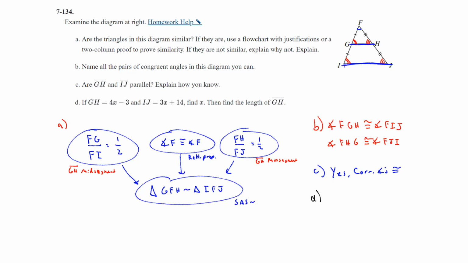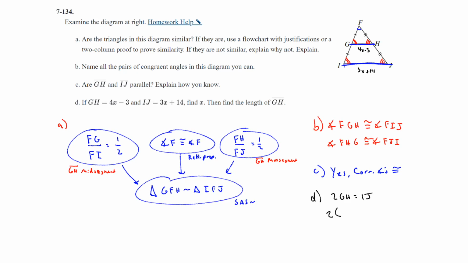All right, D. If GH has a measure of 4x minus 3, and IJ has a measure of 3x plus 14, find x, and then find the length of GH. So we know since the proportion is 1/2, we know that 2 times GH is equal to IJ.